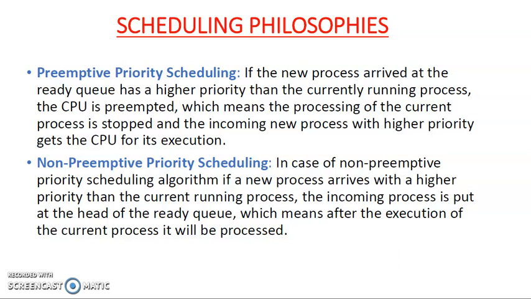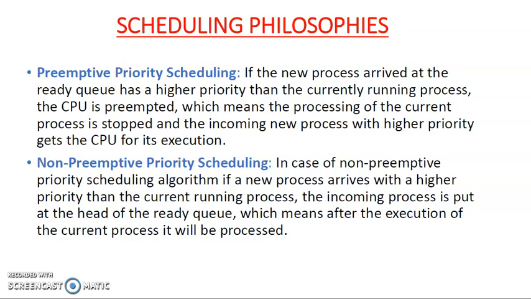Whenever the CPU is preempted, it means the processing of the current process is stopped and the incoming new process with the higher priority gets the CPU for its execution. Okay. This is the meaning of preemptive. So what happens in preemptive policy? The processing of the current process is stopped and the incoming new process with the higher priority gets the CPU for its execution.